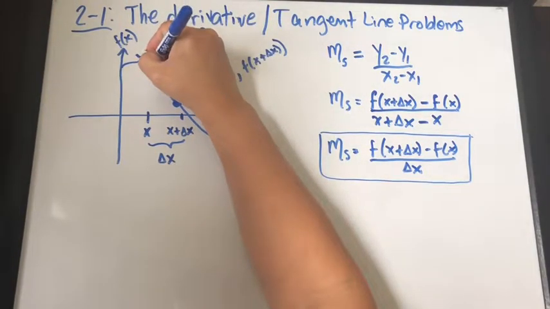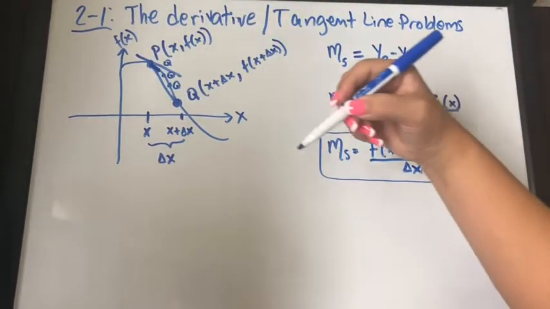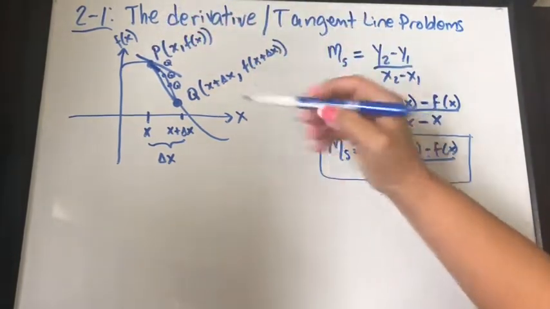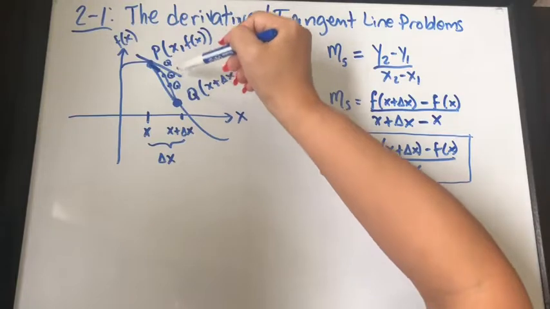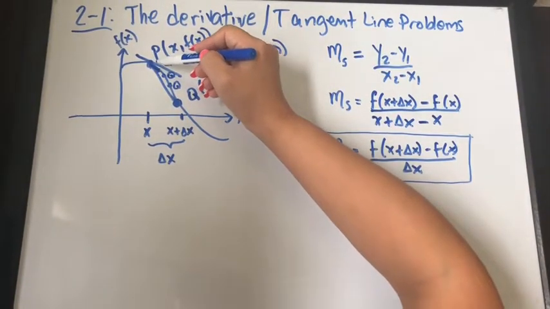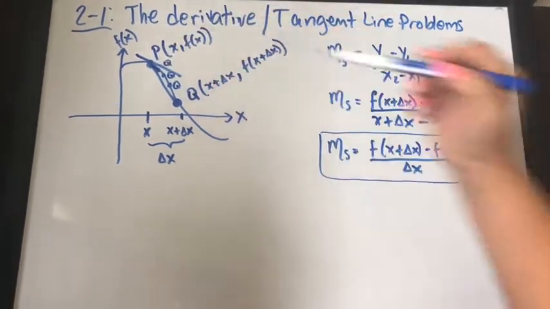Hopefully now it makes a little more sense, because if I connect P and Q together, the slope of this line, as Q gets closer and closer to P, is approximating the actual slope at P. The closer I get to P, the closer the secant slope is to the tangent slope.